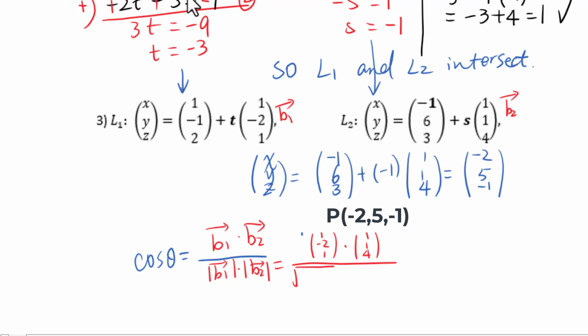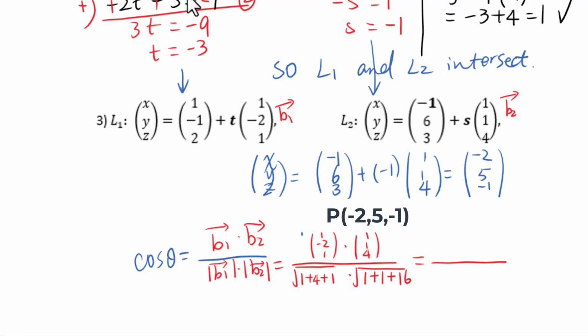over the square root of 1 squared is 1, -2 squared is 4, plus 1 squared is 1, times the square root of 1 squared is 1, 1 squared is 1, 4 squared is 16.